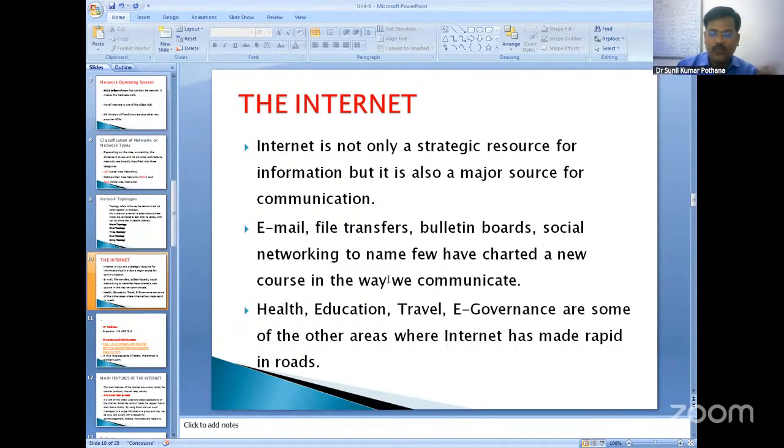Every day, from morning to night, without accessing the internet there are no services, because that much of it is included in our daily life.